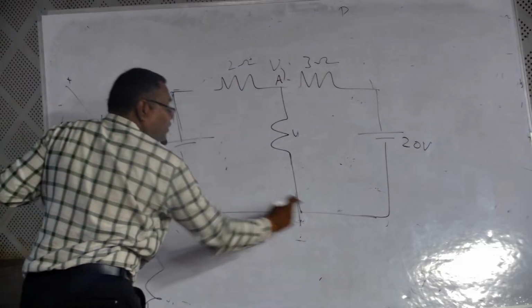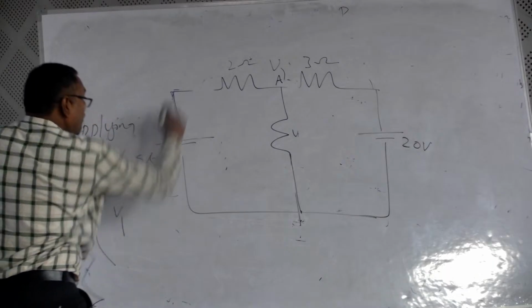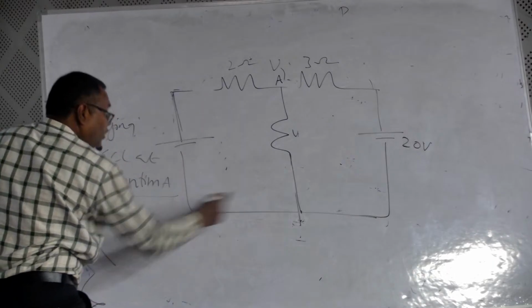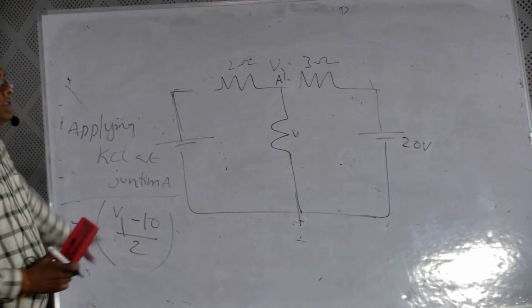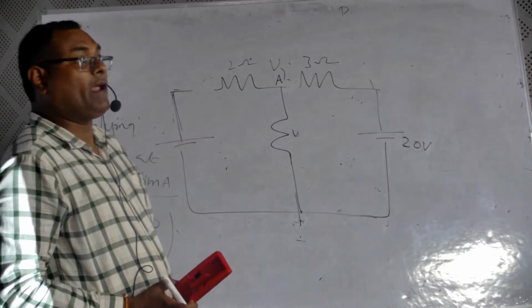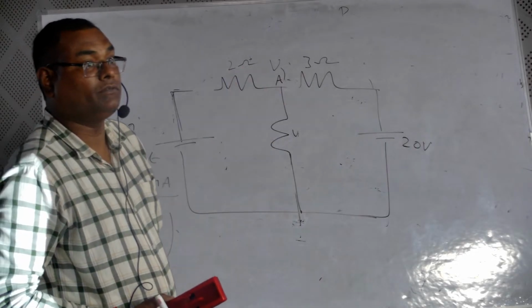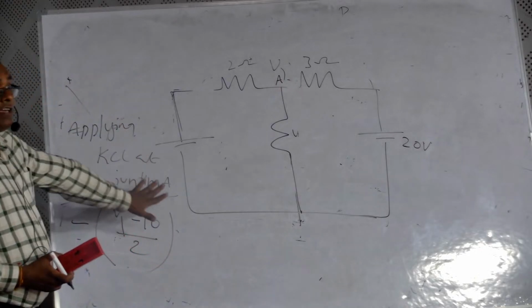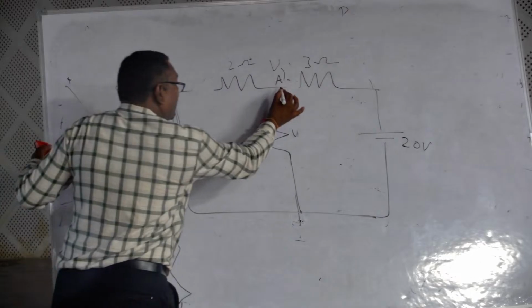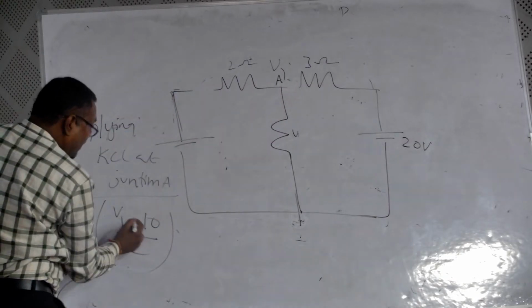Minus V1 plus 2 minus 10, don't mention 0 by 2. This is a practice. Applying KCL at junction A, this is the branch: V1 plus 2 minus 10 by 2.